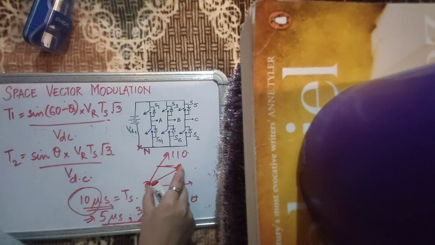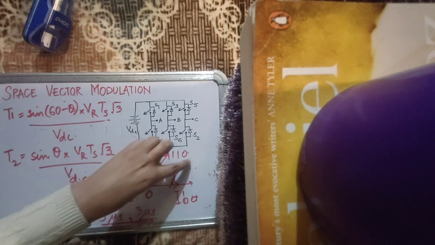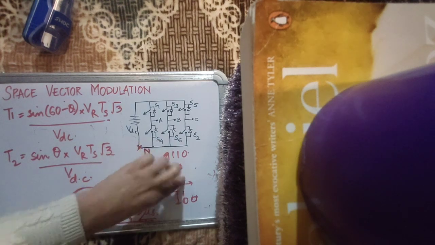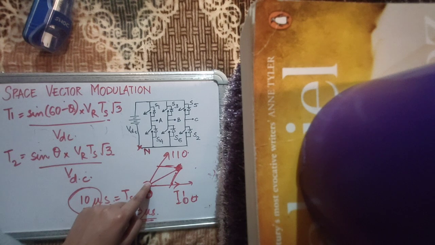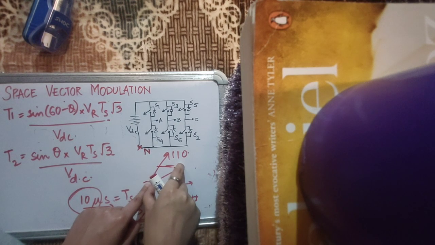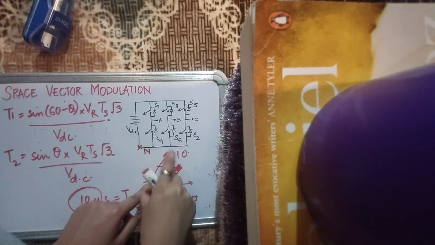T1 and T2 have been found, now to retain the vector at this position, see, the zero state is going to affect only the magnitude. It's not going to affect the phase. These states are going to affect the phase as well as the magnitude. So once your T1 and T2 have been found out, for the remaining time in TS you switch the zero state so that your vector does not move position.